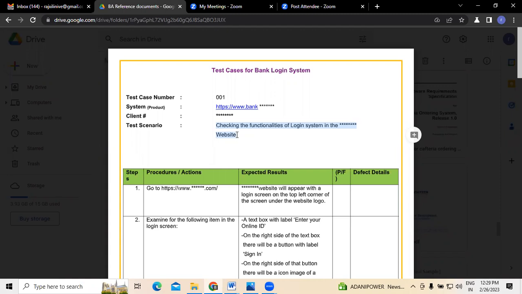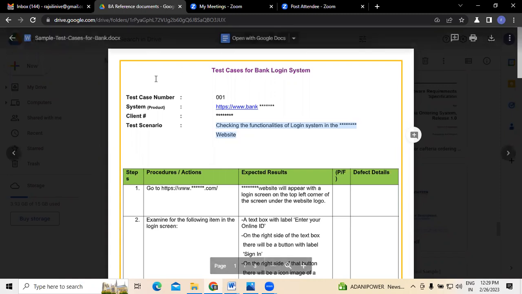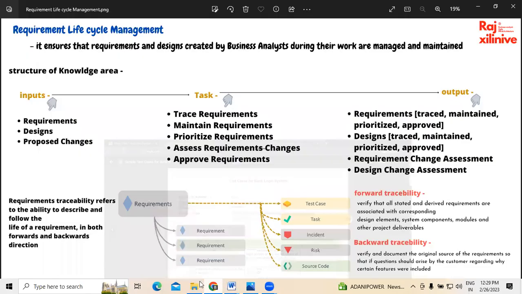Not 100% like that. Who is this? One minute. Nanak, yeah. Not 100% like this, Nanak. What you're saying is partially true. Normally, testing people also participate in requirement gathering, even in the beginning days.